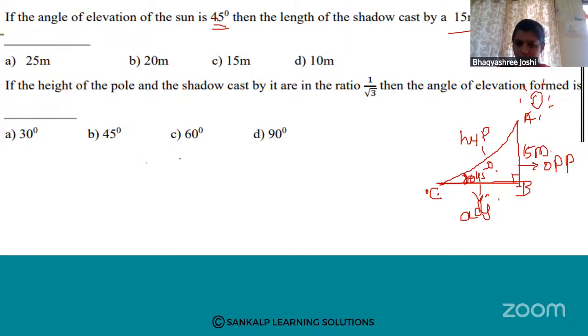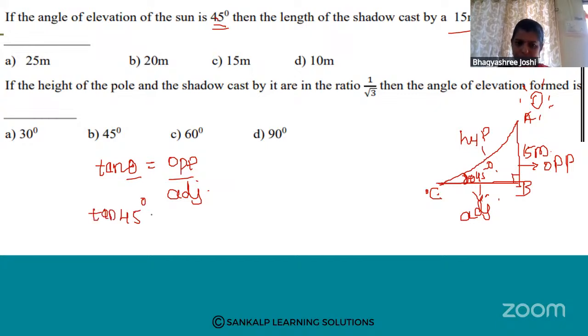We know the opposite side and theta, so opposite side divided by adjacent side is the ratio of tan theta. Now theta value is 45 degree.